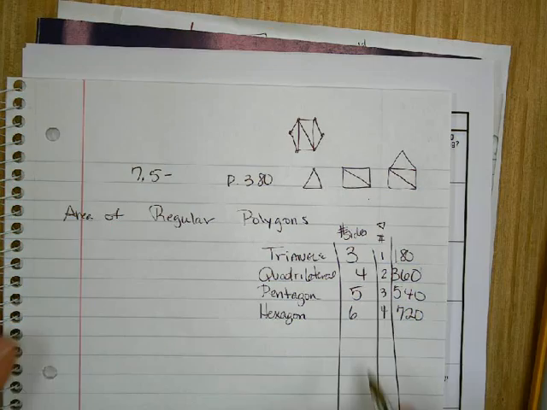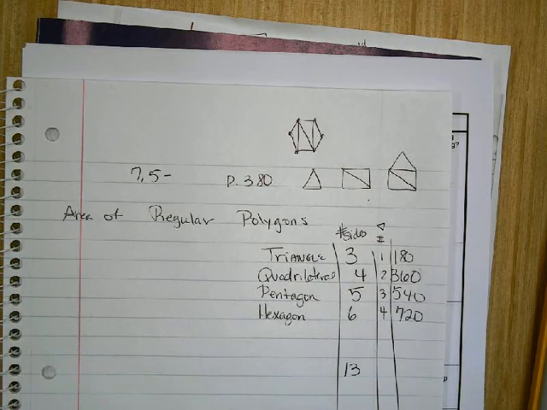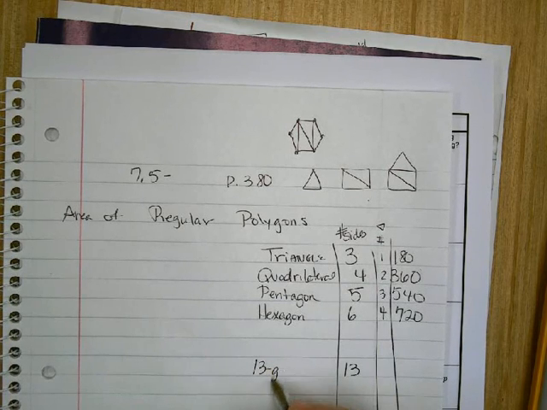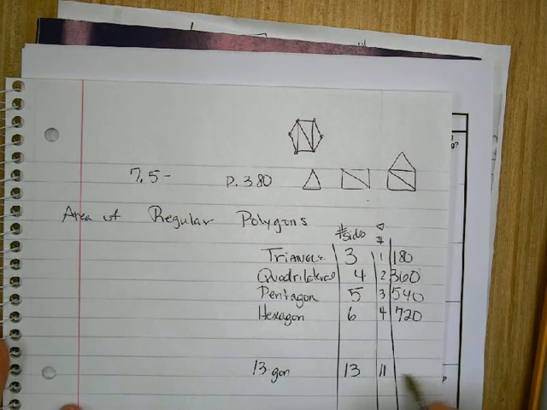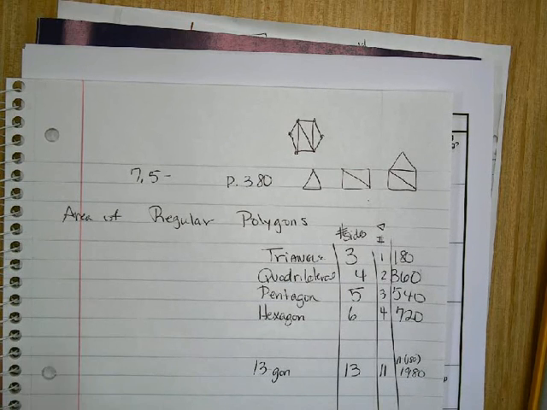So if I came down here and I said, I've got a 13-gon, that's what the name would be. How many triangles do you think it would divide into? 11. And what number would go here? 11 times 180. 1,980. Okay. So that's how we figure out how many degrees are inside of these polygons.